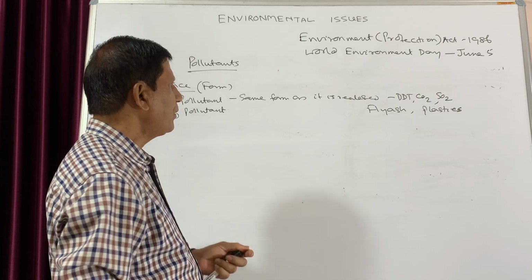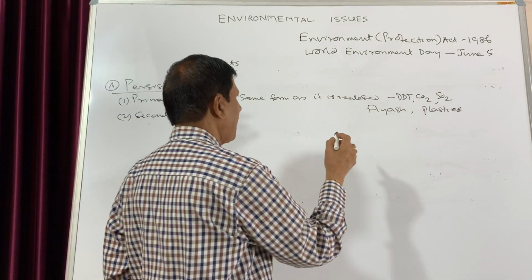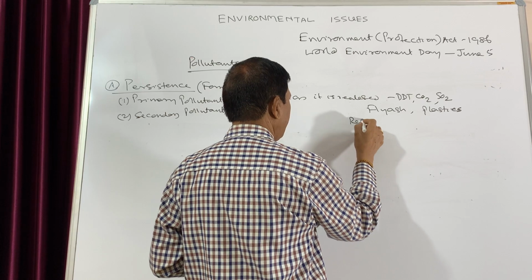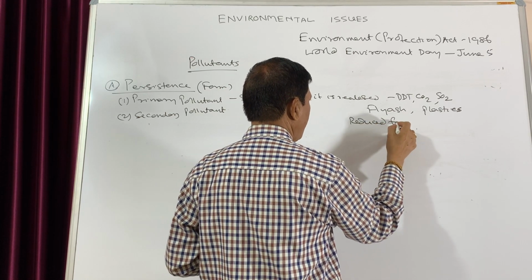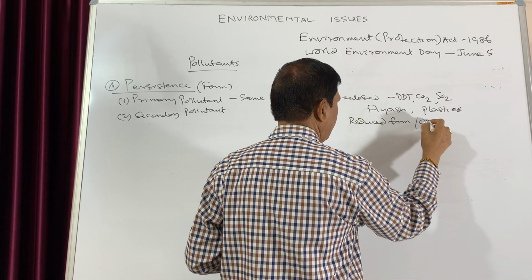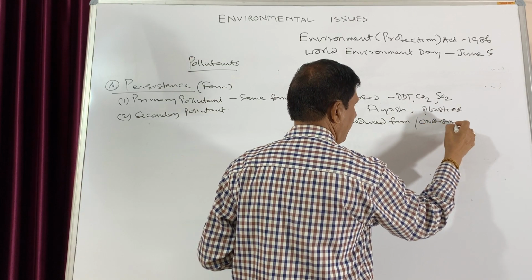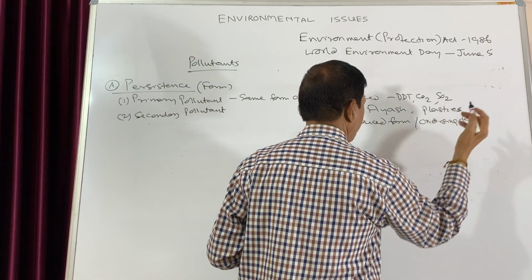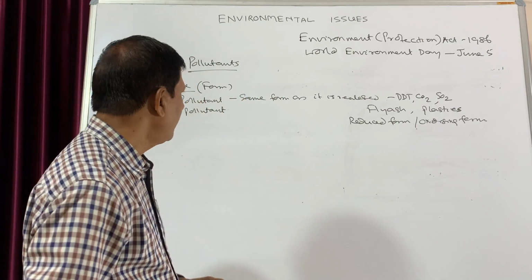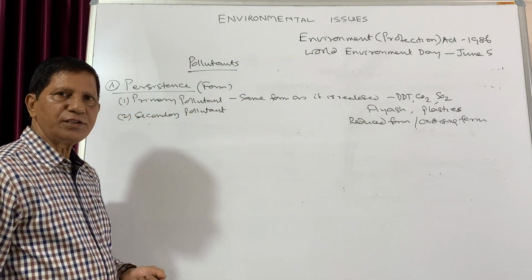And the primary pollutants may be present either in the reduced form or in the oxidizing form. Now what are secondary pollutants?